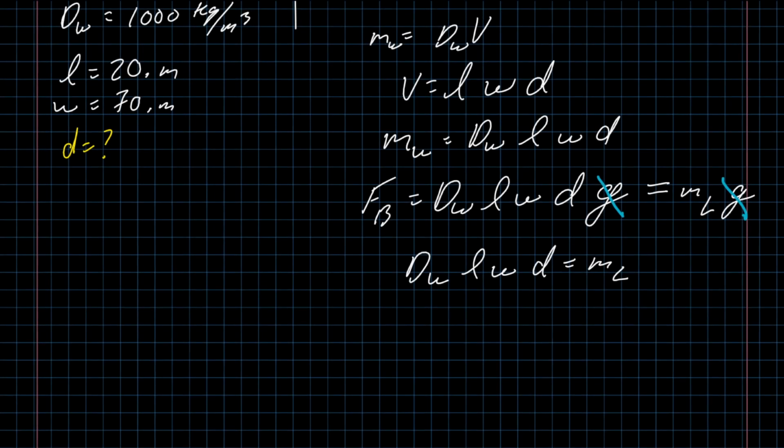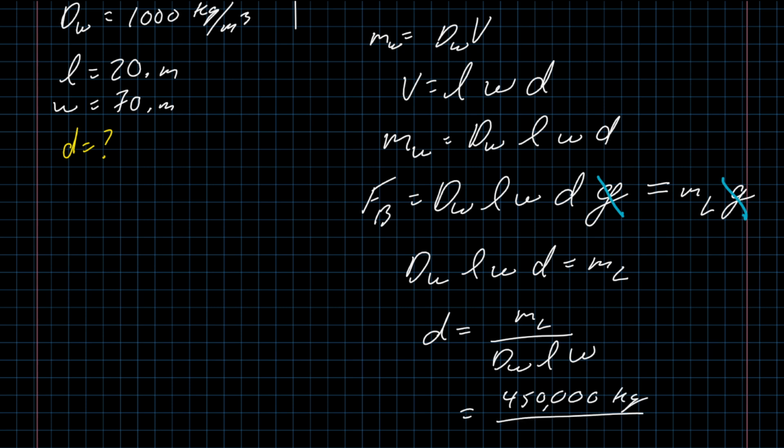And rearranging this equation a little bit, we get that the depth is going to be the mass of the load divided by the density of water times the length times the width. The mass of the load was 450,000 kilograms. Density of water is 1,000 kilograms per cubic meter. The length, I wrote the length as 20 meters.